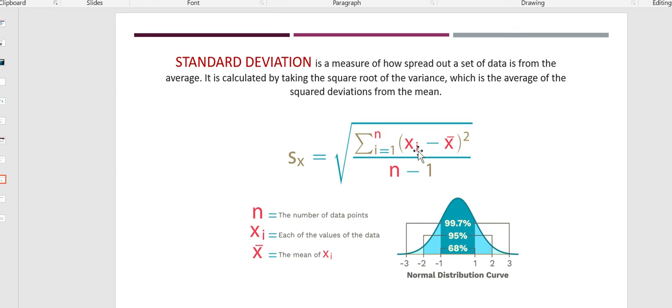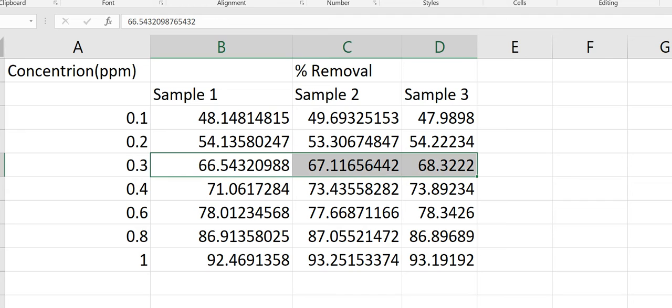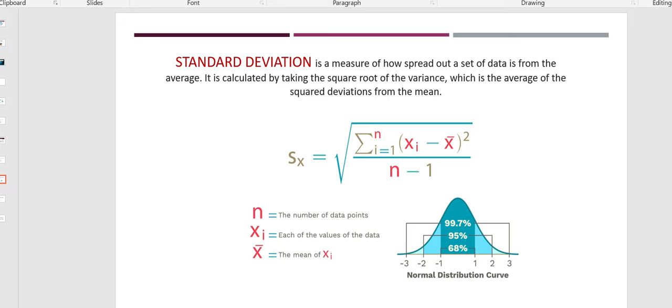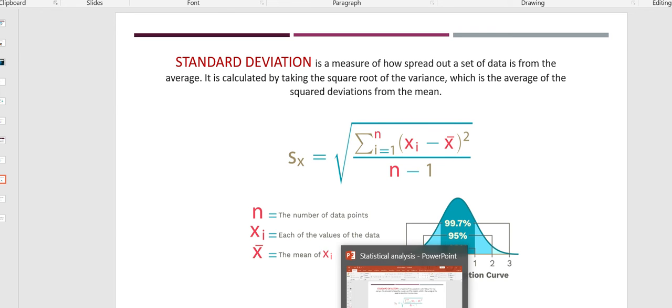That is, you have to subtract the mean value of your experimental data from the individual values. If you have this data and you want to calculate standard deviation, what is the x bar? X bar is basically the mean of your values, that is, of all three samples.